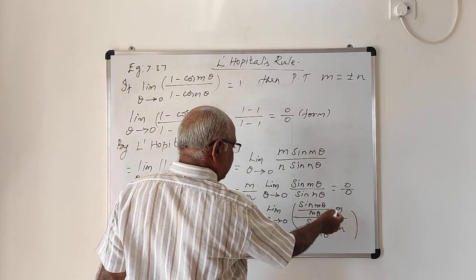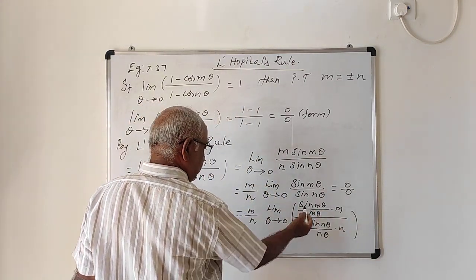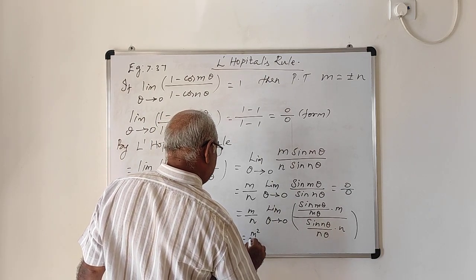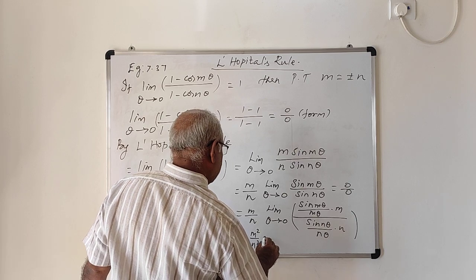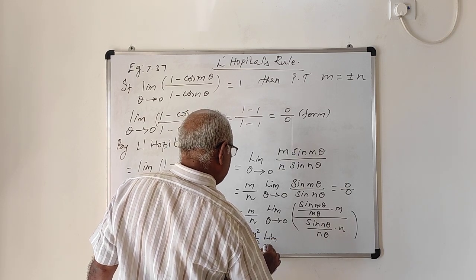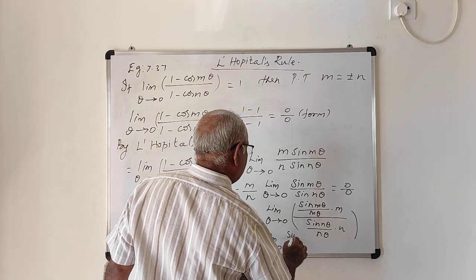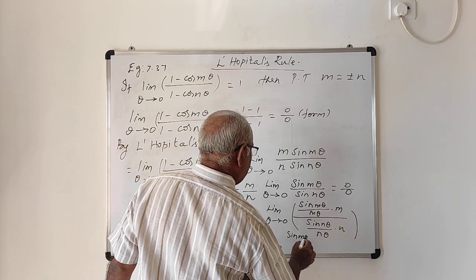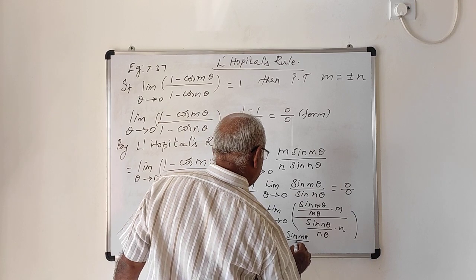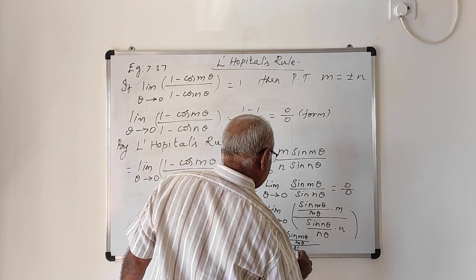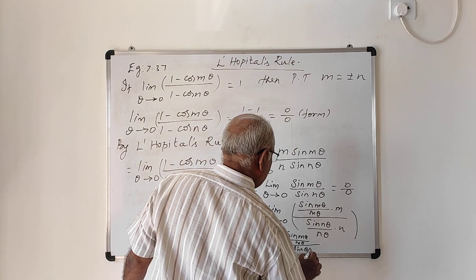Now you take that m and n to the outside of the limit, and you will get m square by n square times the limit as theta tends to 0 of (sin m theta by m theta) by (sin n theta by n theta).